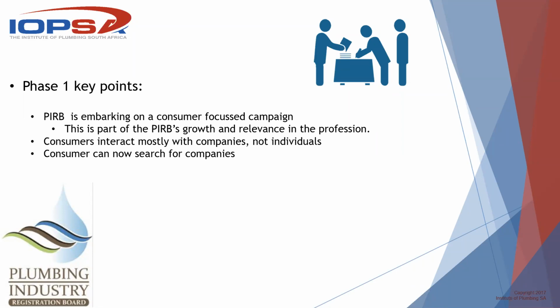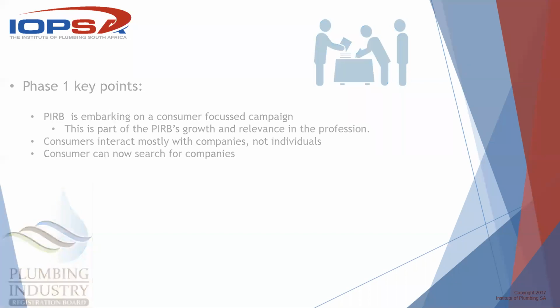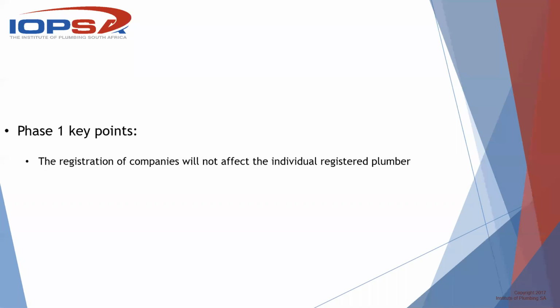So how does the PIRB get the companies' names out there and searchable and findable to Mrs. Jones? And this is part of that whole drive. So the consumer now can search for companies as opposed to individuals, which is not a replacement of being able to search for individuals.